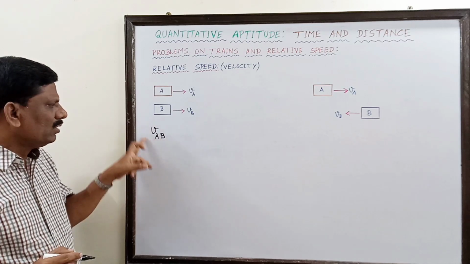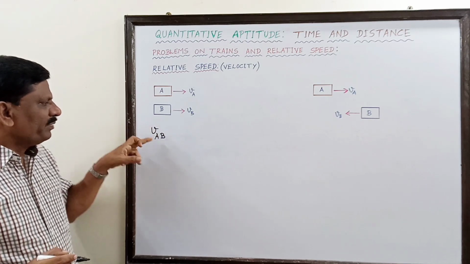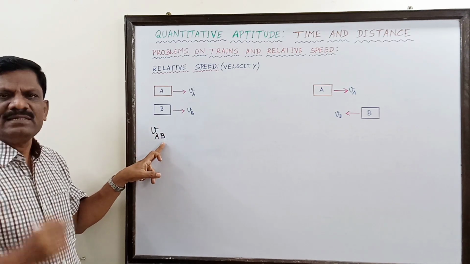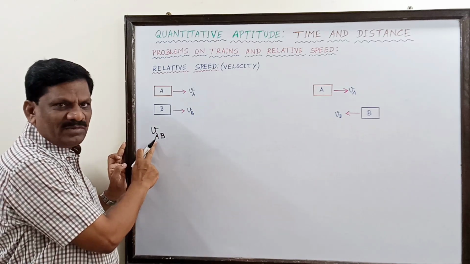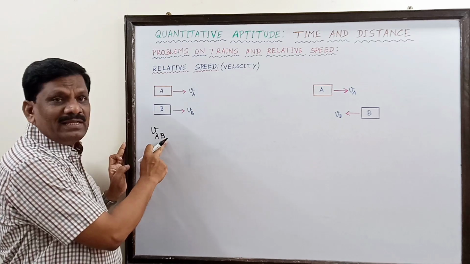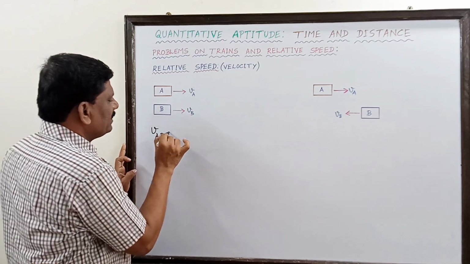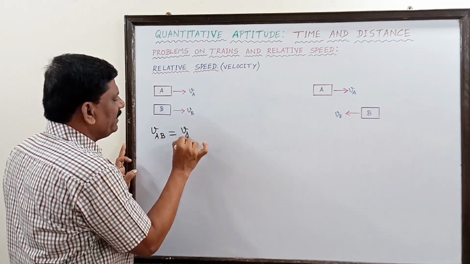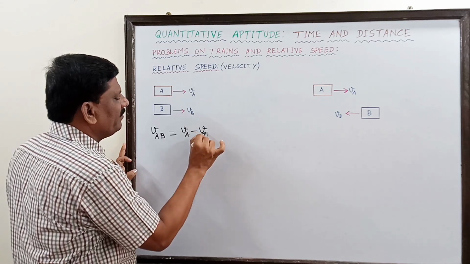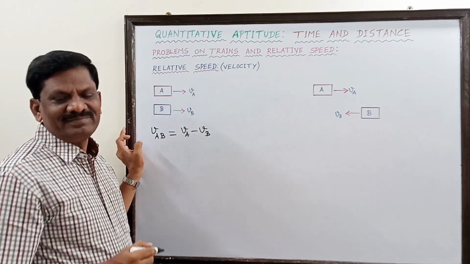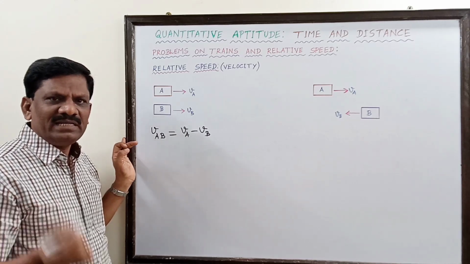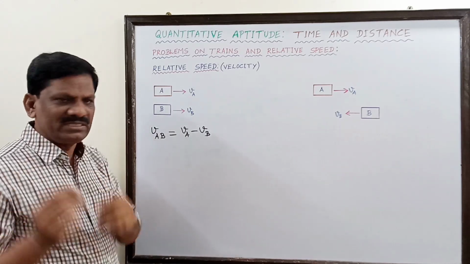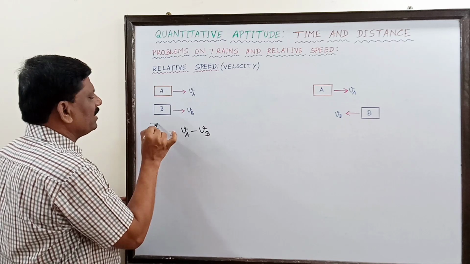So how to read this quantity? VAB is the relative speed of A, the first body, with respect to the second body, and this is equal to VA minus VB. If it is velocity, then in addition to magnitude it will have direction also, so we have to write it with the vector symbol.